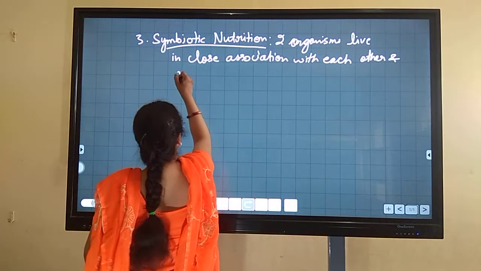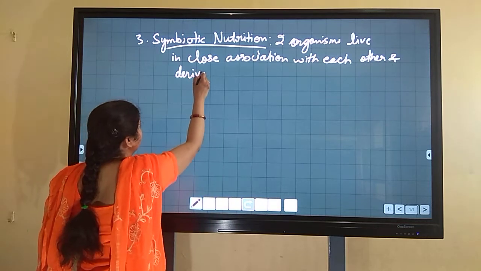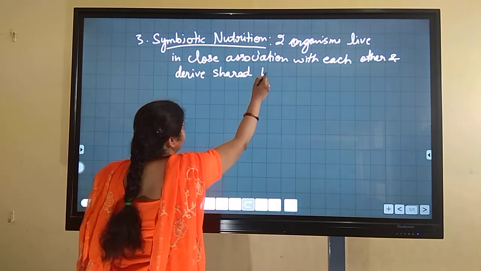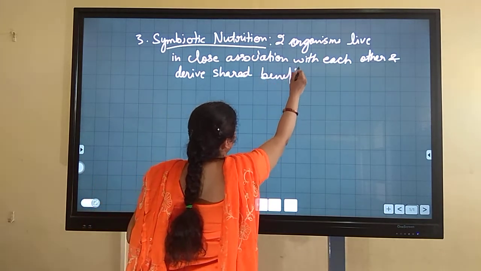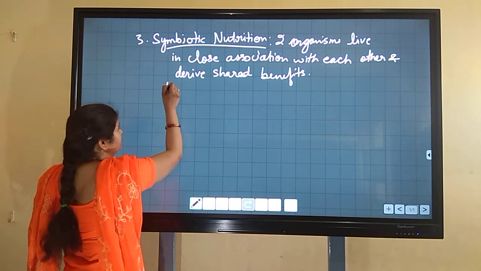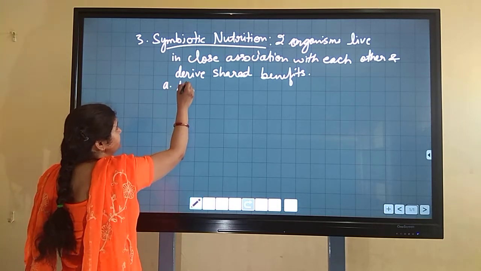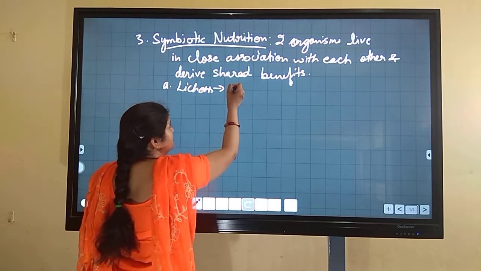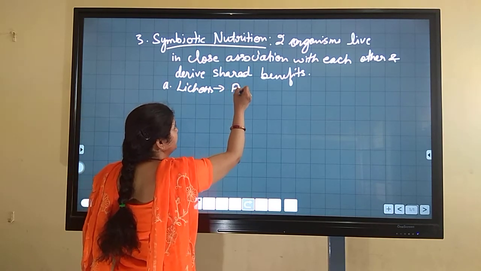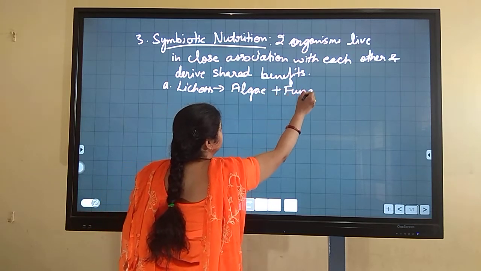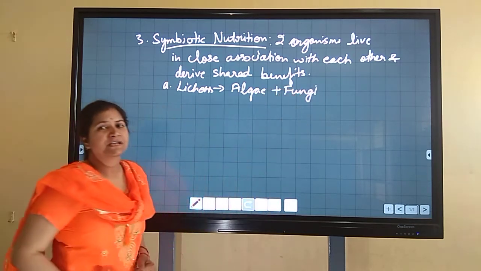And derive shared benefits. And the example of this is number 1, lichens. Lichens are the association of algae and fungus. Algae and fungi.